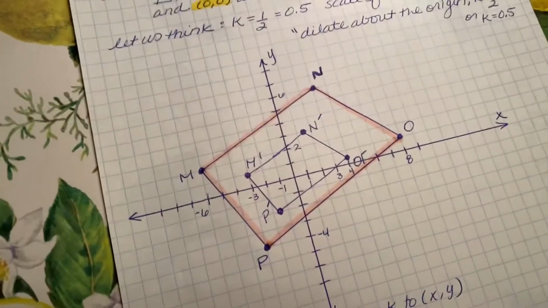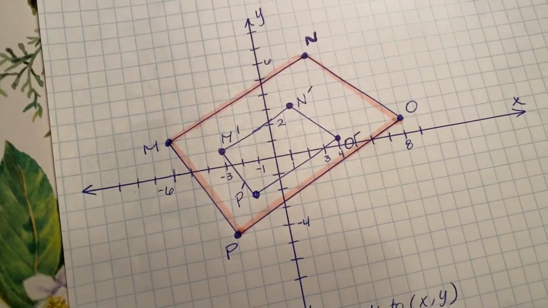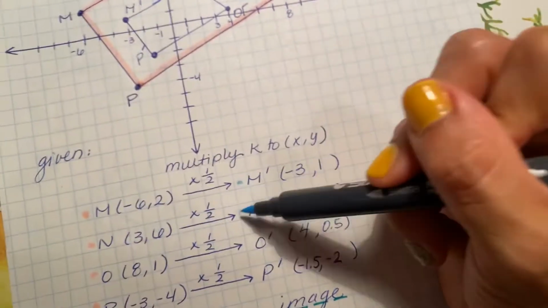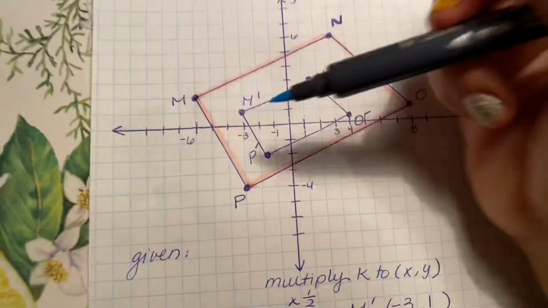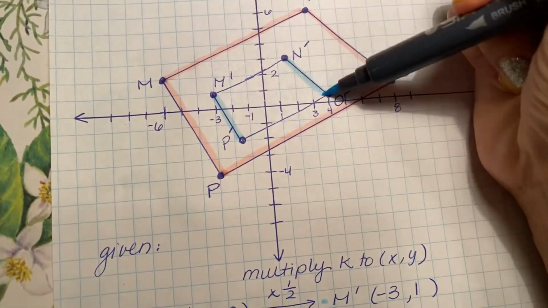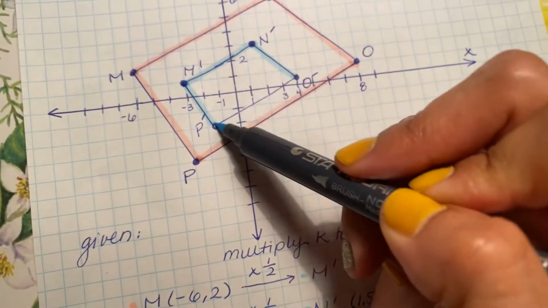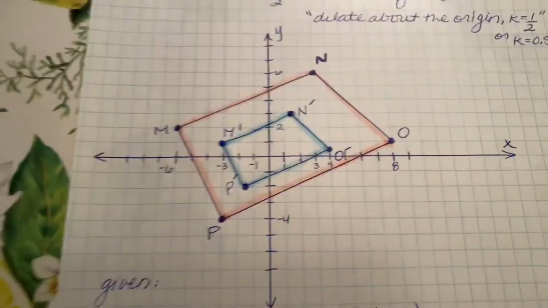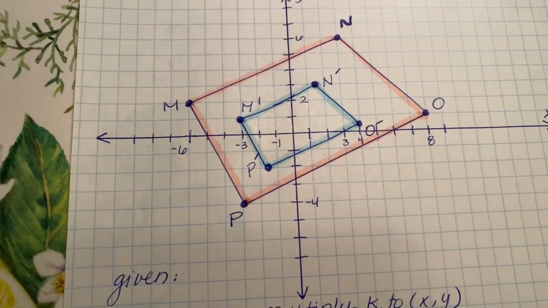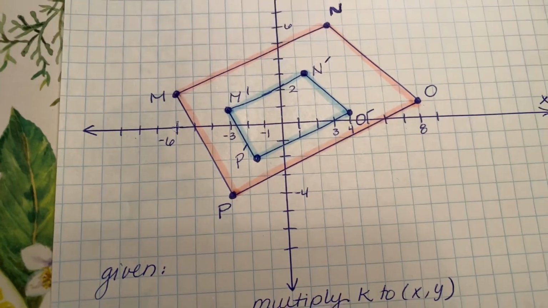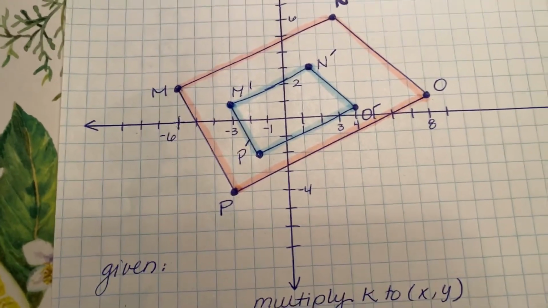And then my image, blue, blue, blue. And there you go. Like we already checked, they were collinear. All of them were collinear. So it does work, right?